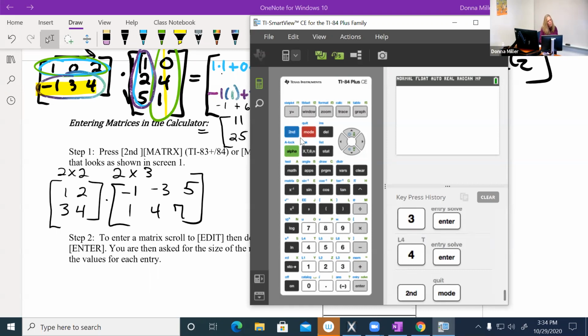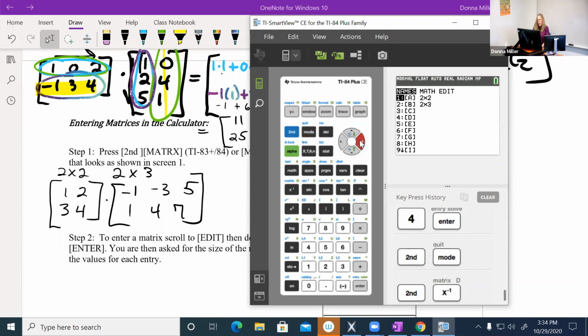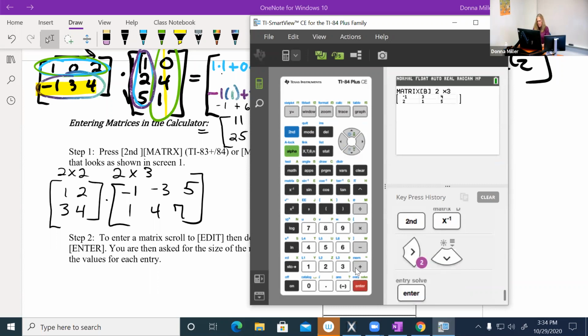Now we have to enter the other one into matrix B. So we go back to the matrix menu. Hit second matrix, go over to edit, and get down to B. I'm going to put the next matrix in B, so I press enter. It's a 2 by 3, so I enter the dimensions. B is a 2 by 3.